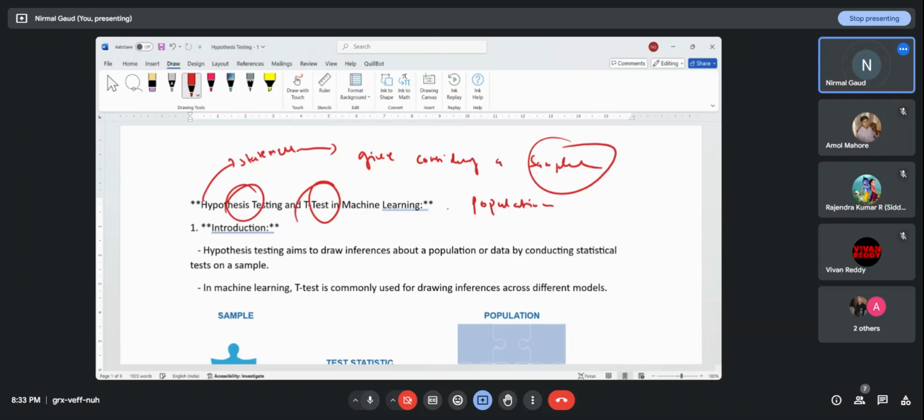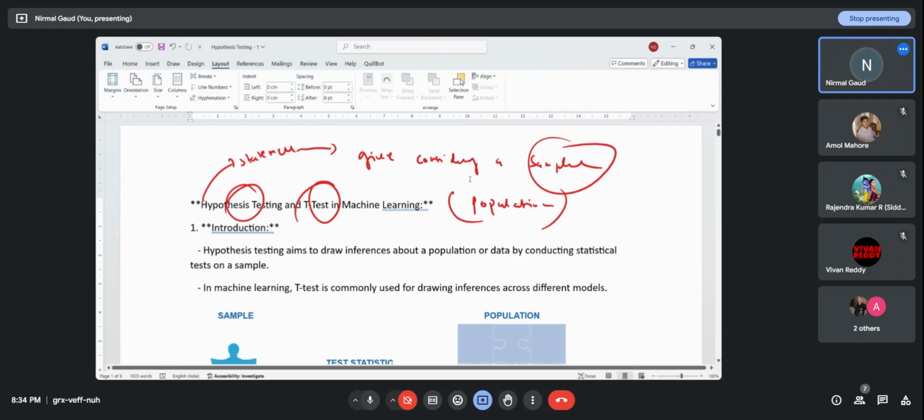Because we can't take the entire population data, we work for the sample only. So that's what happens in hypothesis testing.